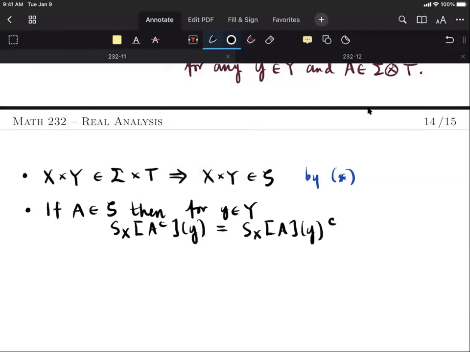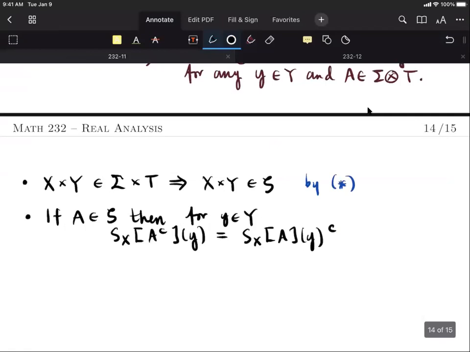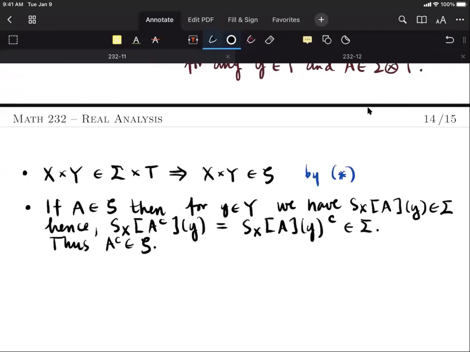Take note that if A is in S, the defining property of S means that this section is in sigma, hence the complement is also in sigma. Thus, this one is in sigma, therefore A complement satisfies the property to be an element of S, so it's in S.